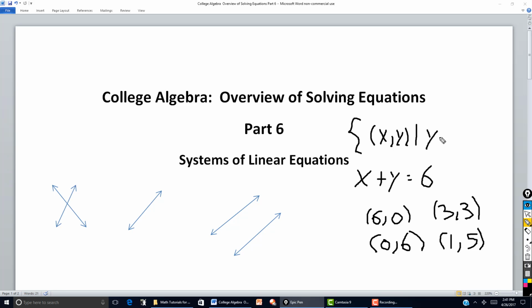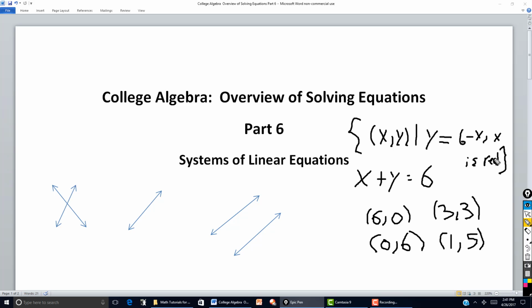So I'm going to solve it for y and say y is equal to 6 minus x, where x is any real number.